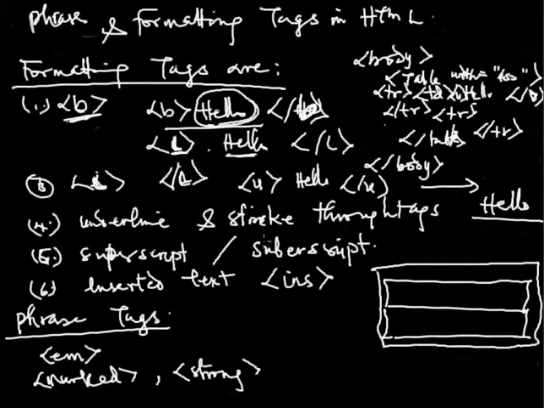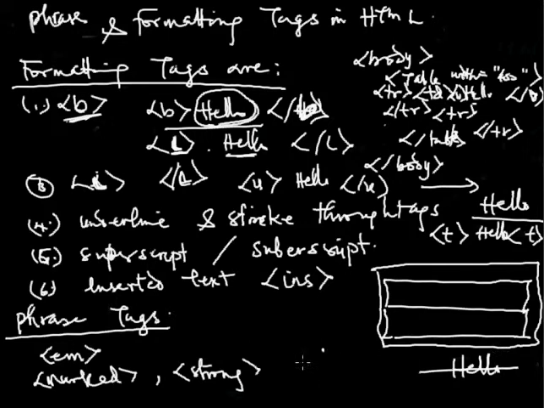The same thing, strike through tags means that if you write it like this, the T tag with hello, it's going to write the hello and rule over it. Superscript means that you should raise it up.